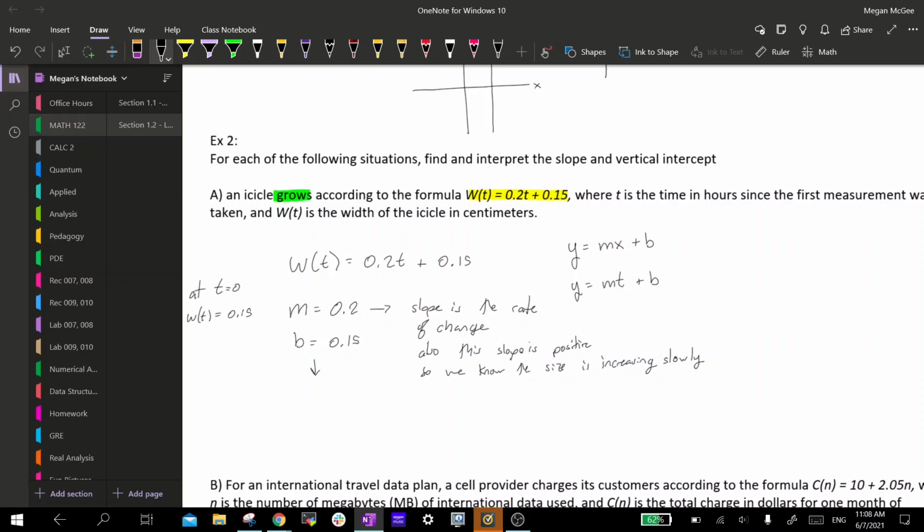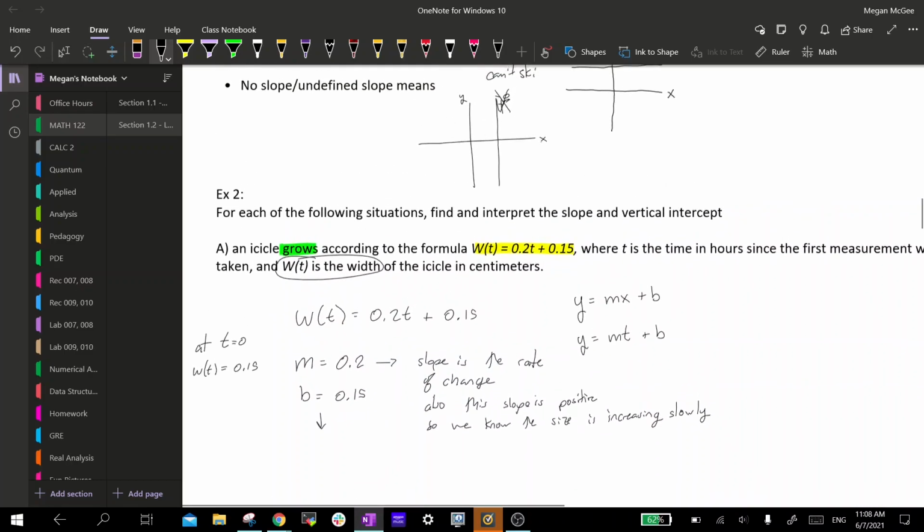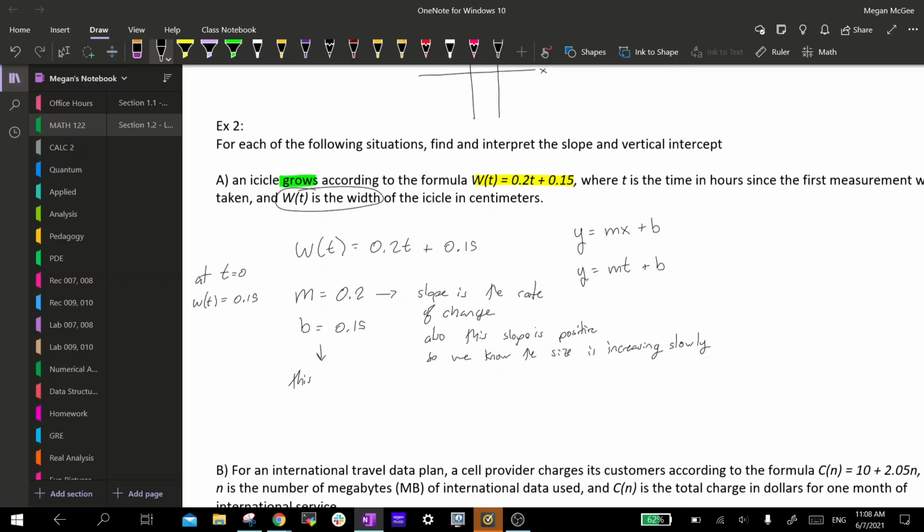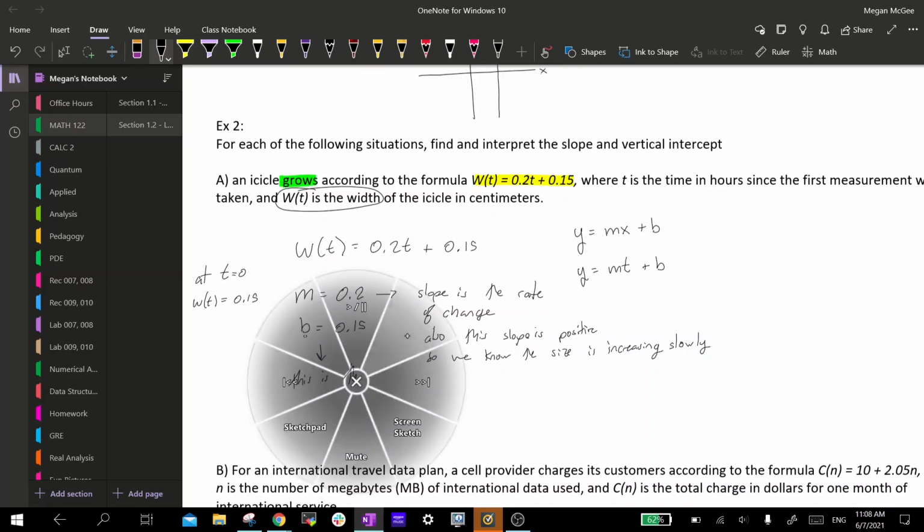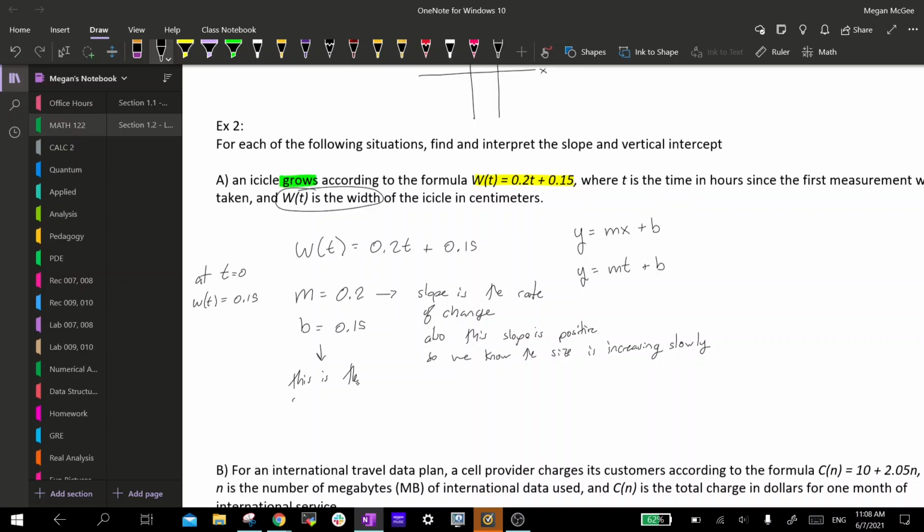And what does the w mean? W is the width of the icicle. Okay, so at the very beginning of our measurement process, the width of the icicle is 0.15 centimeters. So our y-intercept here at 0.15 is the starting size, the starting width of the icicle in centimeters.